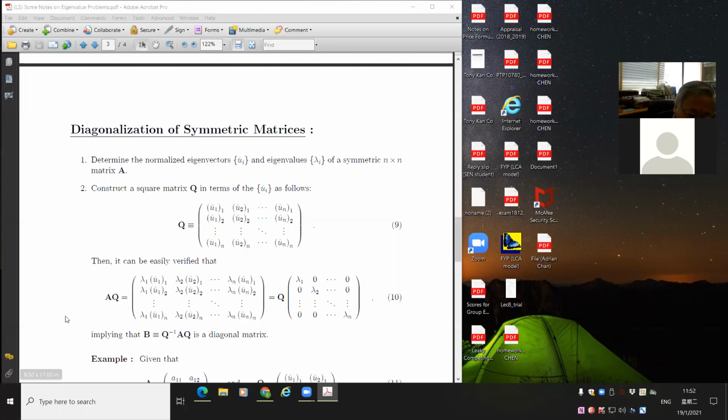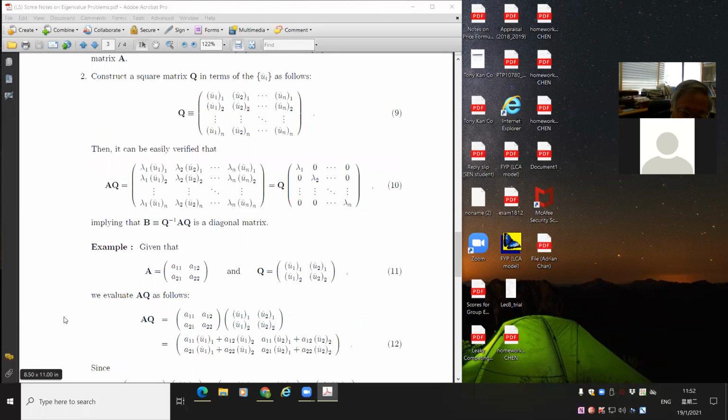So let's look at a given explicit example. A equal to A11, A12, A21, A22, and Q. The first column is the first eigenvector of the matrix A. The second column is the second eigenvector of the matrix A. Then we multiply A to Q. So A11 times U11, A12 times U12, add them together.